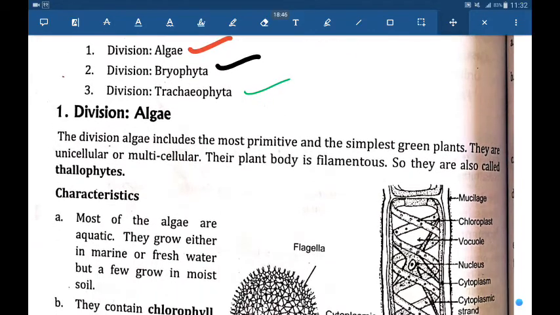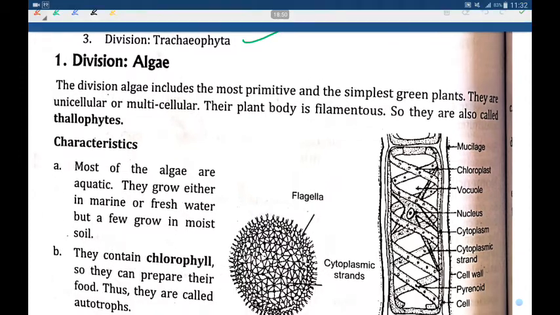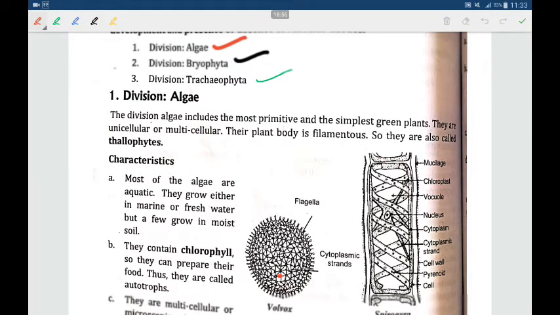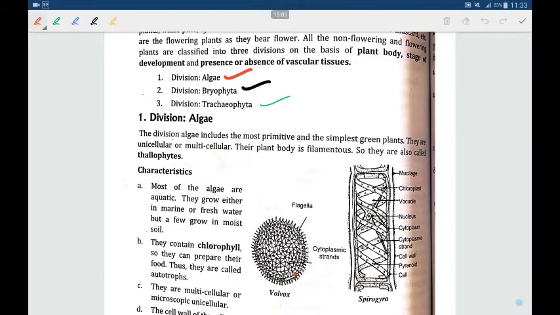Dear students, we will now be discussing the divisions. At first, algae. You can look at the diagram here, you can see Volvox and Spirogyra. Can you see a Volvox? Spirogyra.